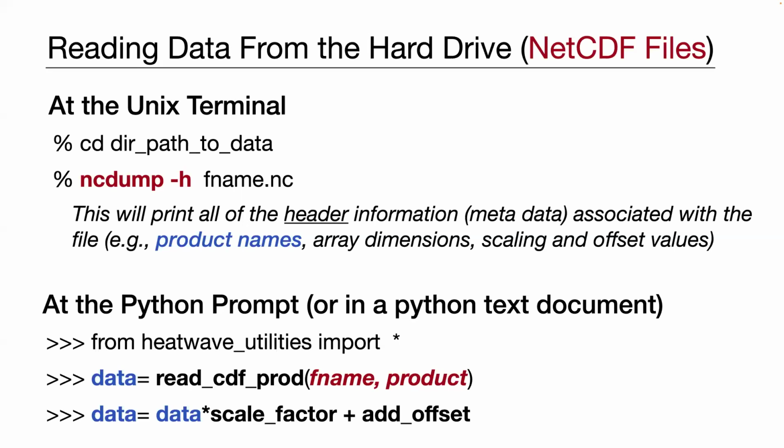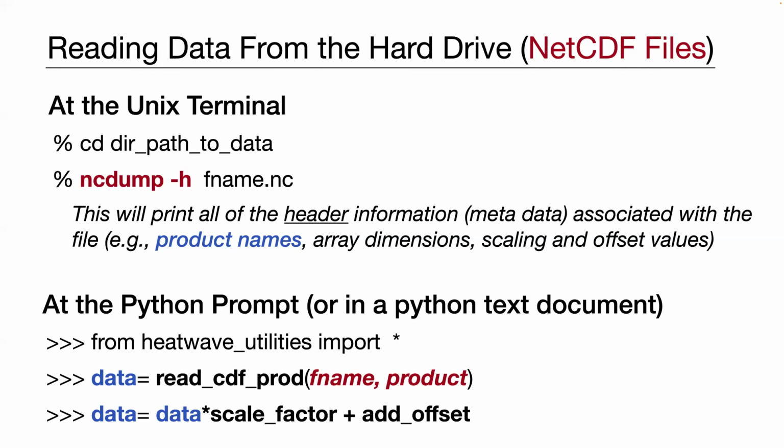Importantly, a lot of satellite data products come scaled, and you need to scale them back to degrees C. So you need to read the metadata and find out whether it's been scaled or not. In the case of the OI SST, it's scaled.